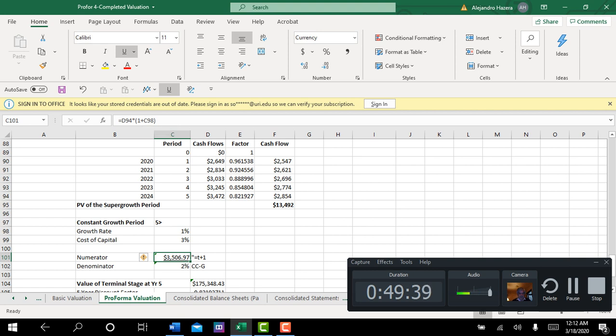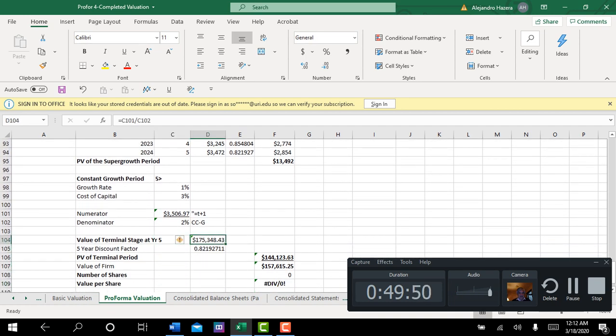So that would give you the 6-year cash flow. The denominator is just the difference between these two numbers here, C99 minus C98, and the terminal value is C102 divided by C101, which is just these two numbers here, 3506 divided by 2%, gives you 175,348.